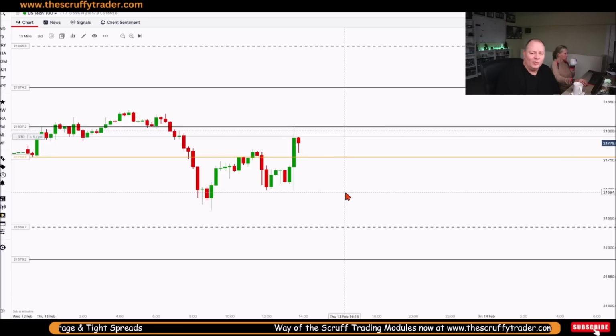If you haven't done the homework, why are you possibly trying to go into it anyway? This is just a tiny fraction of how you trade a market. The point I'm trying to make is this is part of a bigger picture. And if you don't know what the bigger picture is, you're literally going in blind. Then it becomes a punt, and if it's a punt, you're gambling. And if you're gambling, get yourself down McDonald's.